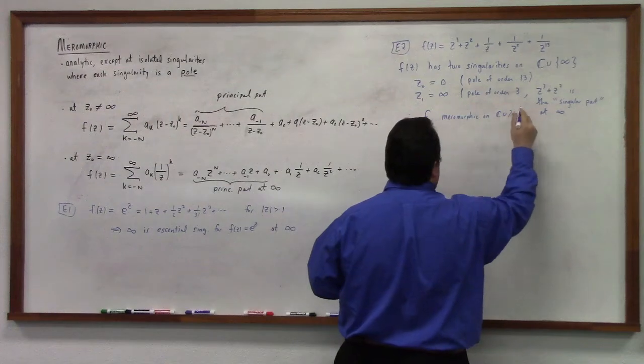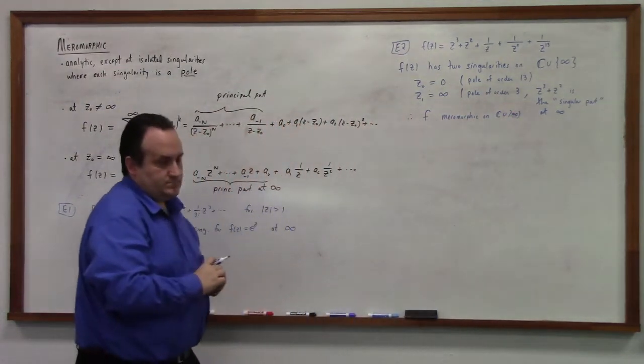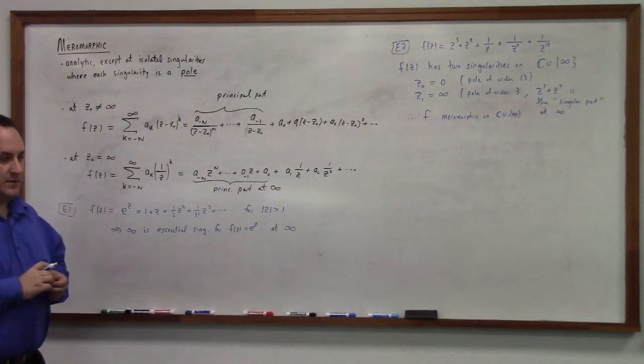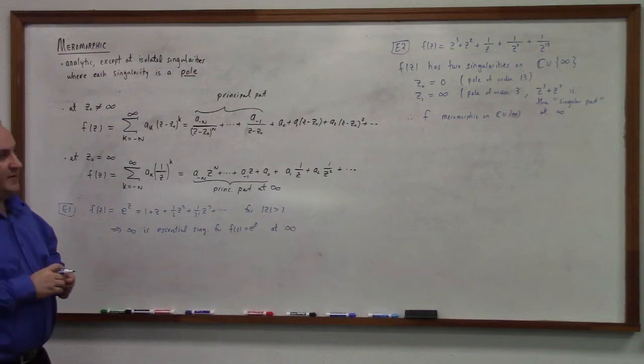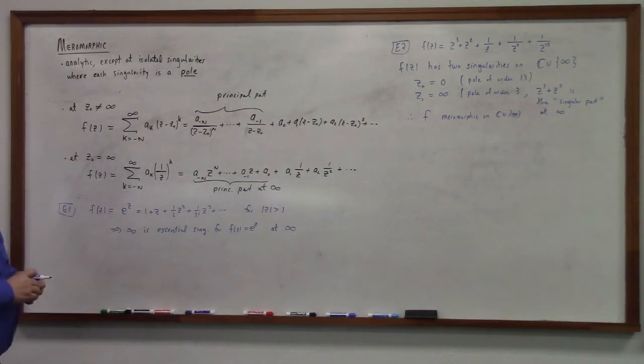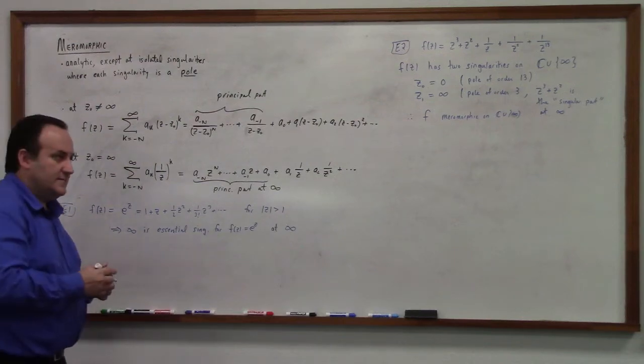All right? There's a theorem that says, in fact, the only functions which are meromorphic on the extended complex plane are rational functions. So if you have a meromorphic function on the extended complex plane, you're talking about a rational function.